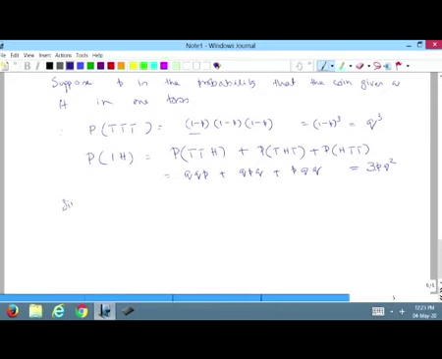Similarly, the probability of 2 heads comes out to be 3 p square q, and the probability of 3 heads is equal to p cube.